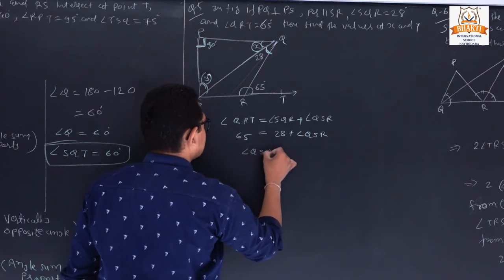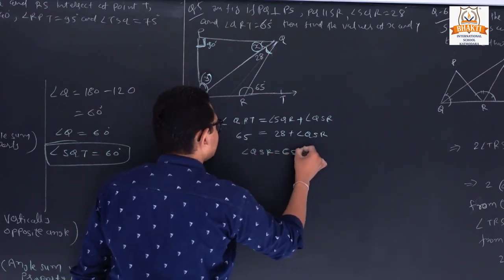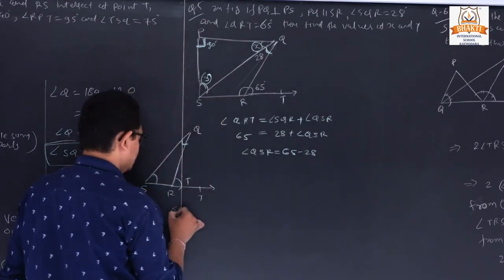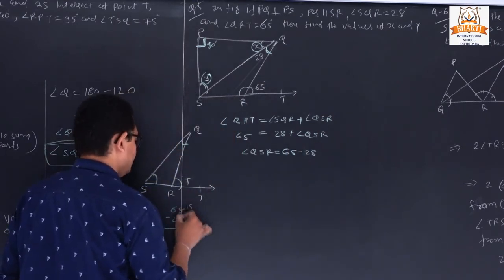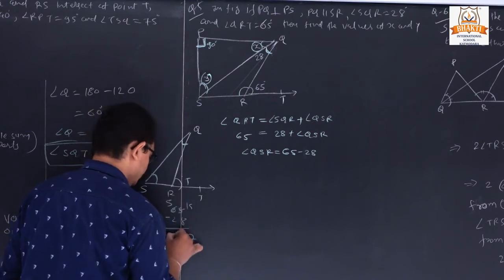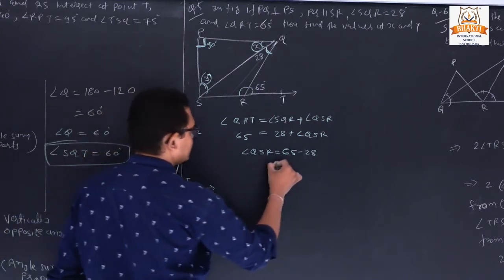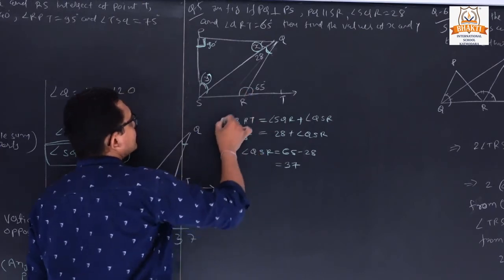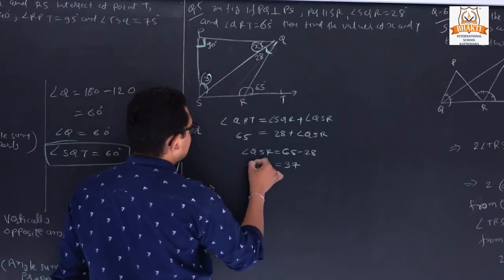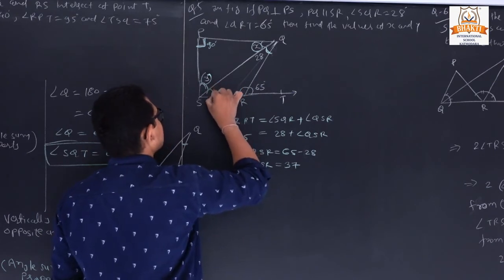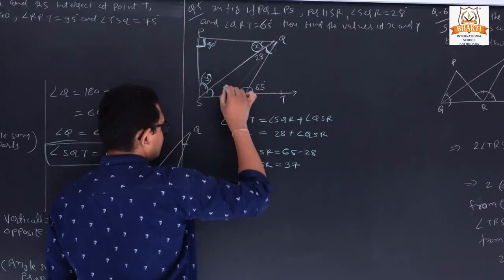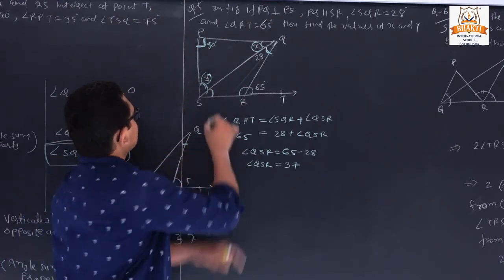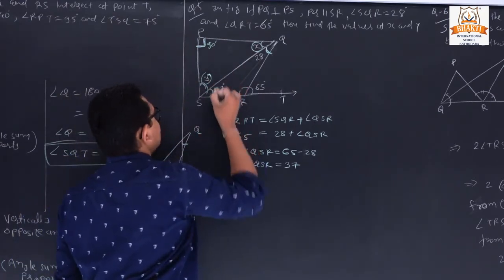So QSR is equal to 65 minus 28. So 65 minus 28 is 37. So it means QSR, this angle, is 37.